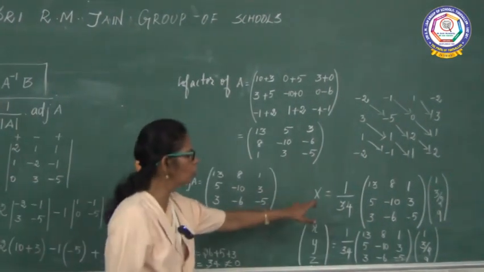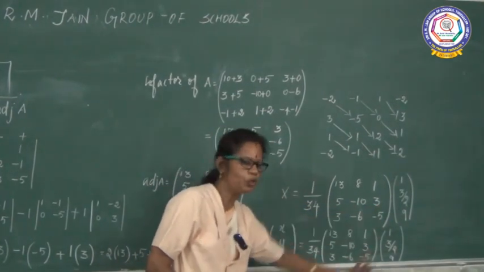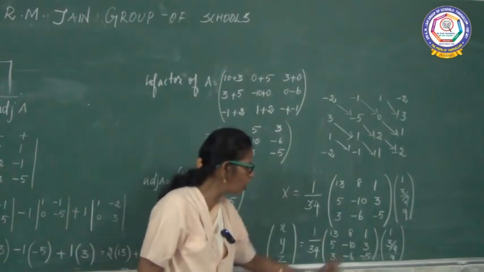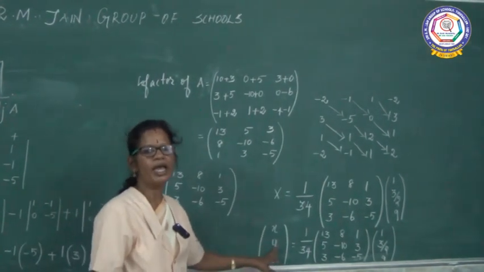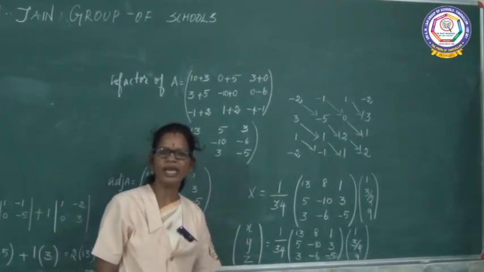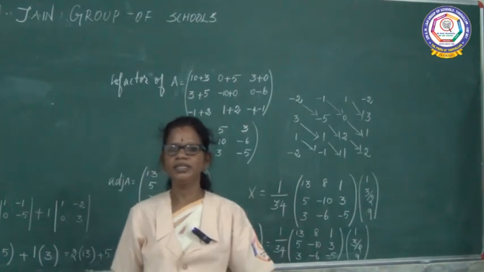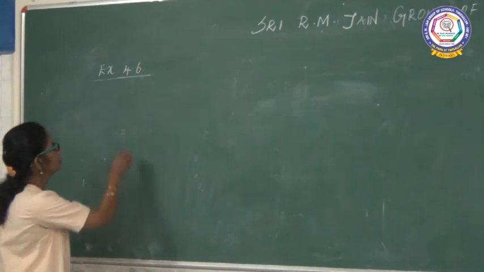X is equal to 1 by determinant A, adj A into B. Everything is in the form of a matrix, so I also replaced x in terms of the matrix x, y, z. After that I am going to find out what x, y and z are.